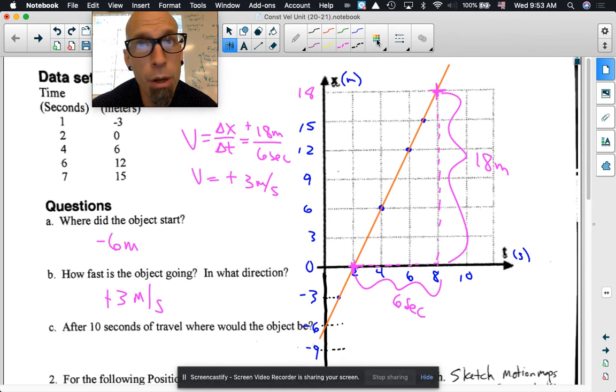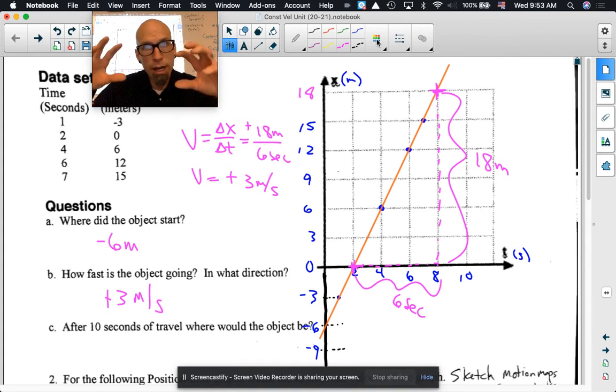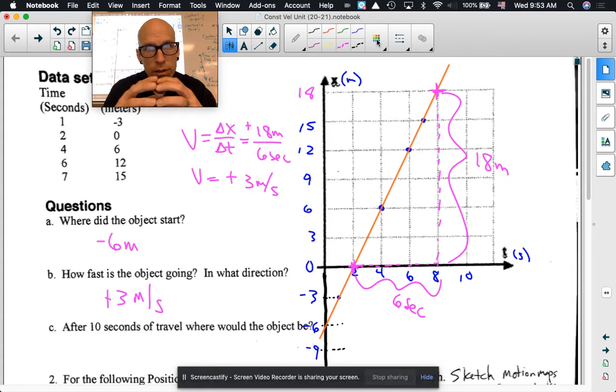Now, I took care of both at the same time because I said it was positive 3 meters per second. So you could just say 3 meters per second, and then in answering the second part of the question, just say positive direction, or just say positive 3 meters per second, which has direction wrapped up in it. You can't just leave the positive off.